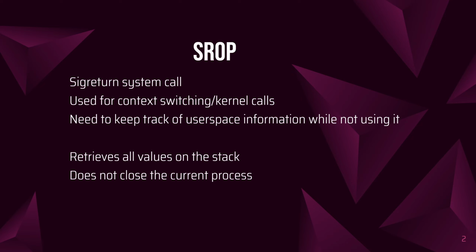If you call a system call, usually you will invoke sigreturn at some point, at a higher context. This is used mostly to keep track of user space information while the current thread or process is not being run. When it's not actually being used on the CPU, we need to store the user space information somewhere, and this is usually stored on the stack. And what this does is retrieve all the values from the stack and restore the current process.